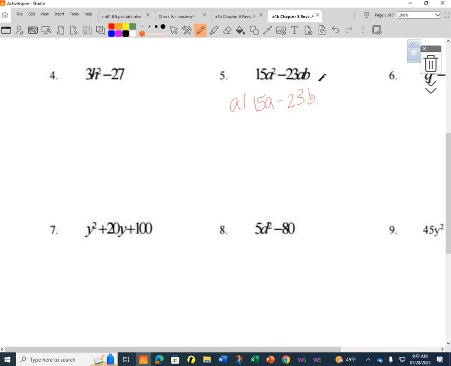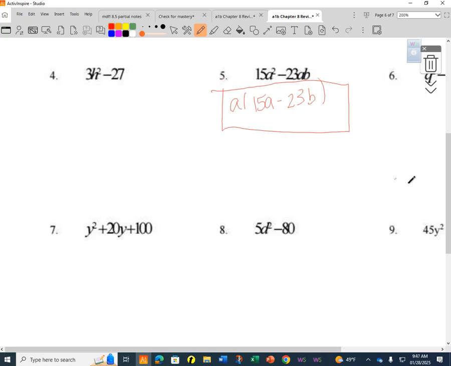Perfect. Okay. Is there anything else we can factor out here? Well, that's it. So sometimes they seem like they're too easy. They're not too easy. That's just the problem, right? The hard part is knowing that you're done, right?